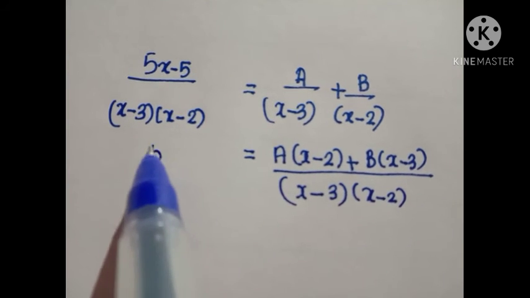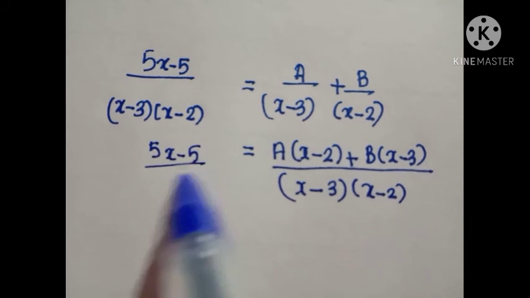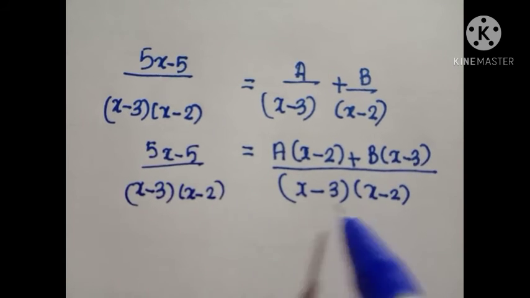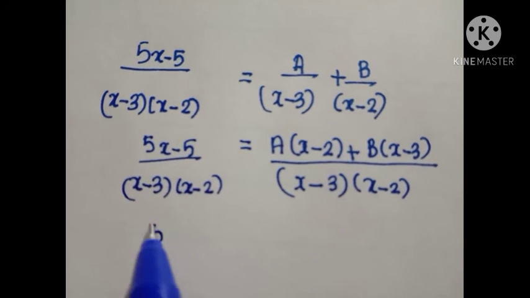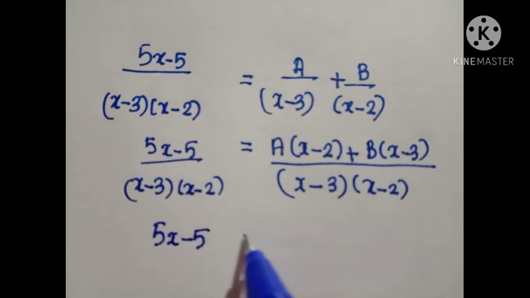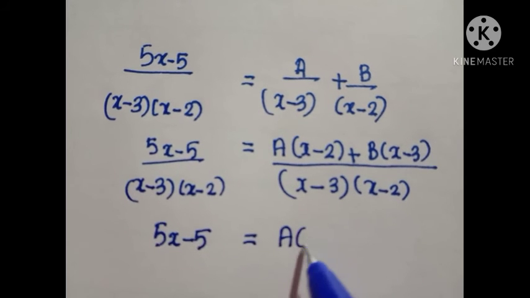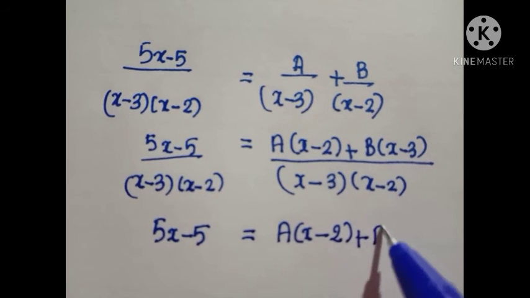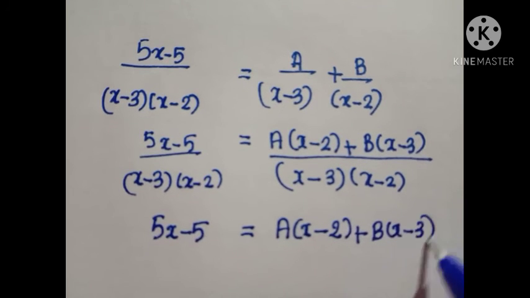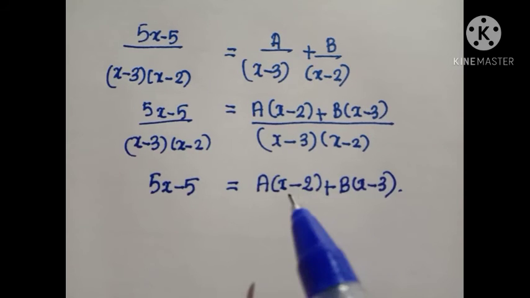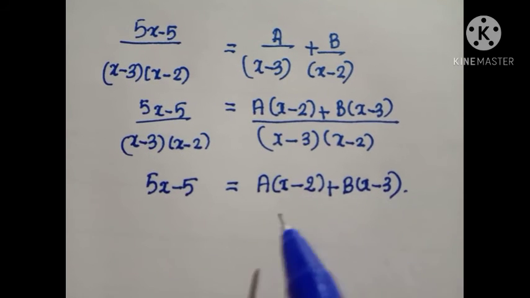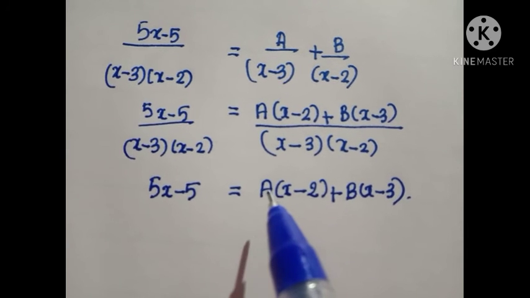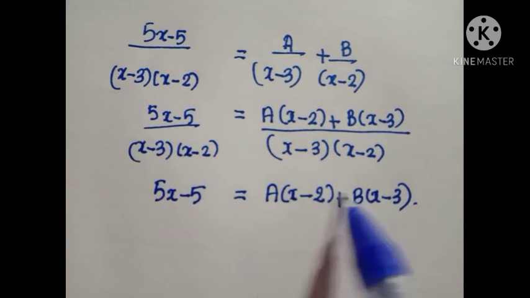The left side is (5x − 5)/((x − 3)(x − 2)). Here the denominators are the same, so we can write the numerators as equal. So 5x − 5 = A(x − 2) + B(x − 3). Next step is to find A and B. First we need to eliminate A. To eliminate A, put x = 2.